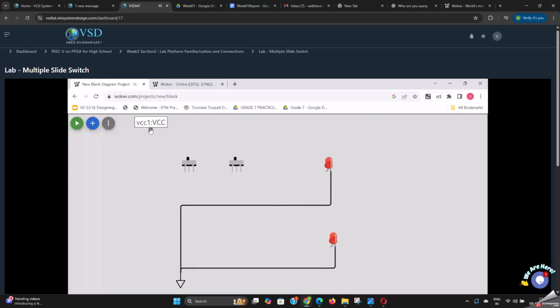So what I'm going to do is from the VCC I will connect it to the first switch.